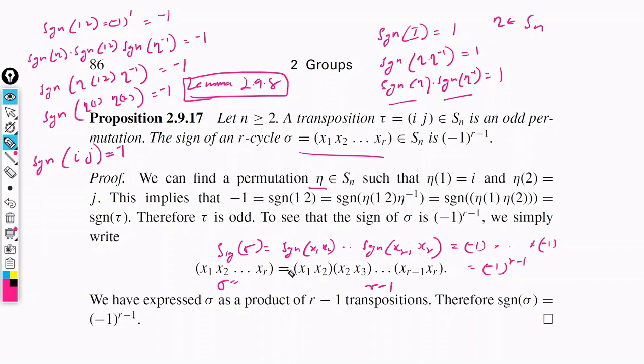Sign of sigma is equal to sign of the first transposition into sign of the second, etc., sign of the last transposition, because sign is a homomorphism. So what about sign of a transposition? We know that sign of a transposition is minus 1 because that is odd. So this is minus 1 into minus 1 into minus 1. How many transpositions are there? r minus 1. So this is equal to minus 1 raised to r minus 1. Sign of an r cycle is equal to minus 1 raised to r minus 1.